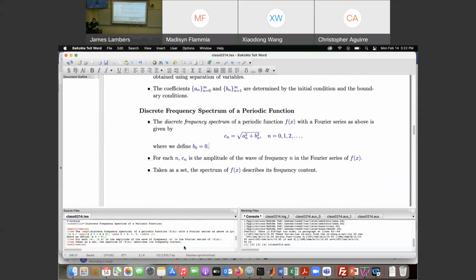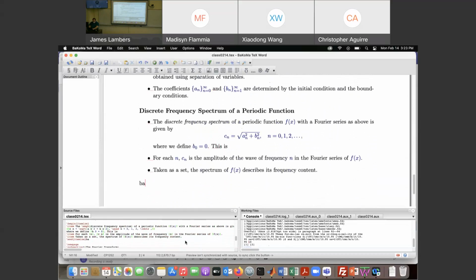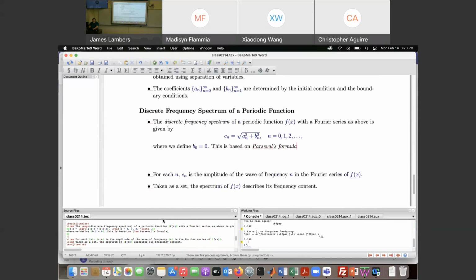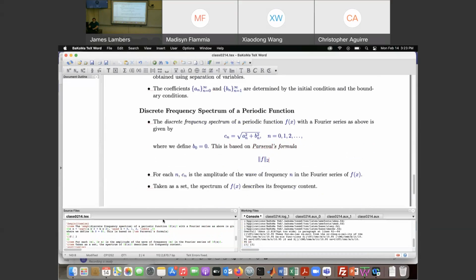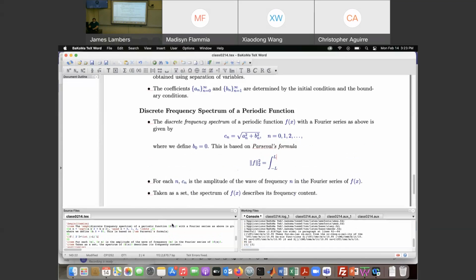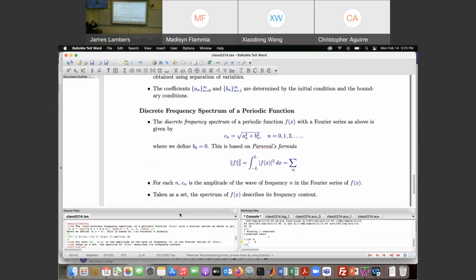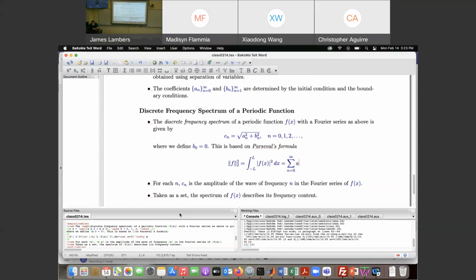Where this comes from is Parseval's formula, or I think it's also written as Parseval's relation, and that is that the norm of f, which is defined to be the integral of f of x squared dx, is also equal to the sum of a n squared plus b n squared, where for convenience I've defined b0 to be 0, because that's what it would be anyway.